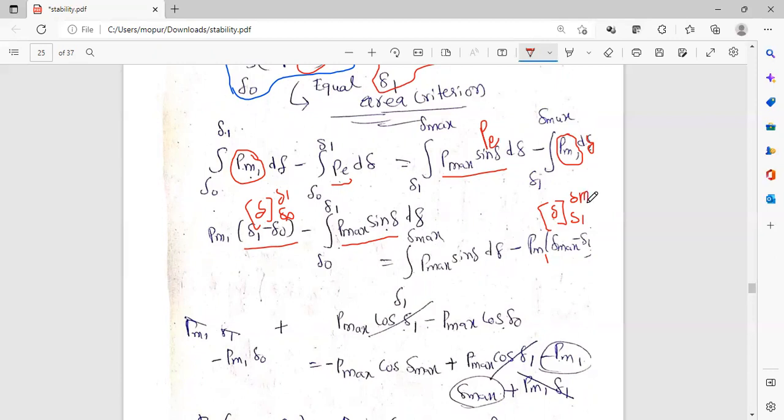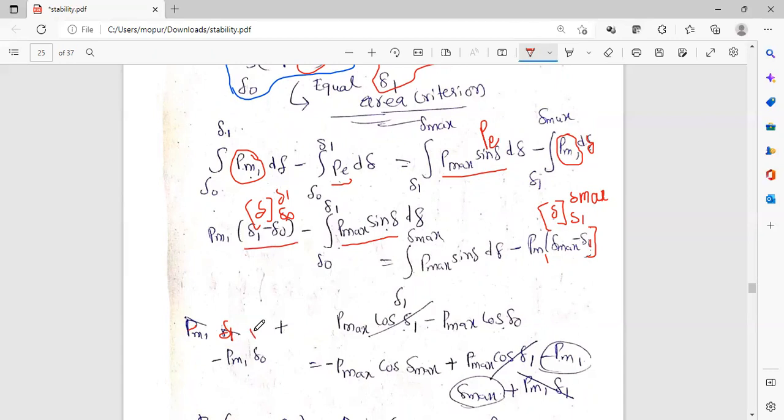If we substitute the limits, upper limit minus lower limit will give you del max minus del 1. Now, I am multiplying it. PM1 del 1. This is PM1 del 1, minus PM1 del naught here.